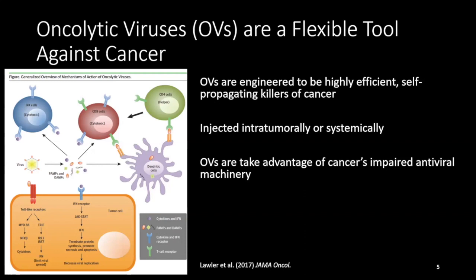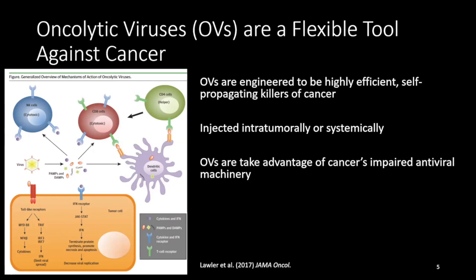What makes them selective for cancer specifically is that they take advantage of the cancer cells' impaired antiviral machinery. You can think of cancer cells as having gone all into the proliferation and survival metabolic pathways, whereas their ability to produce antiviral proteins and signals like interferons is severely impaired.